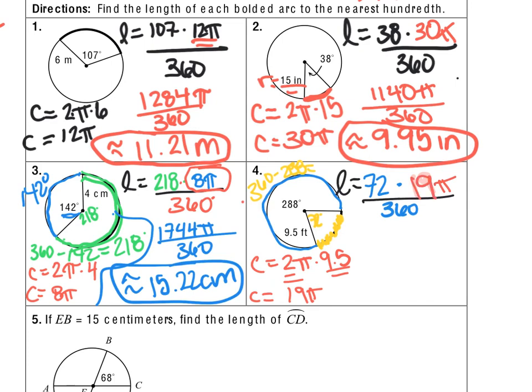And then I can do 72 times 19, which is 1368. The pi would just drop down over 360. And then at this point, I can do 1368 times 3.14 divided by 360, which is 11.94 feet, approximately.